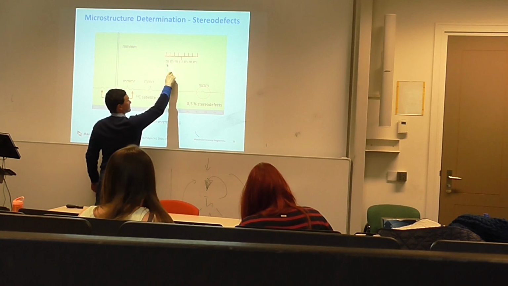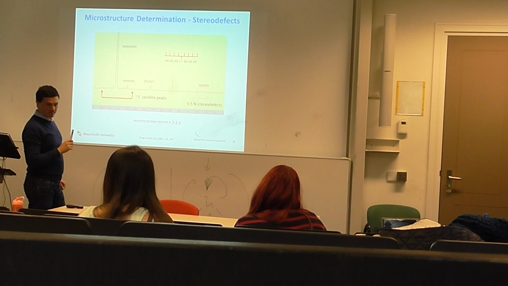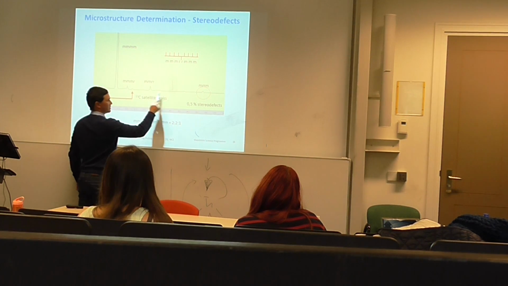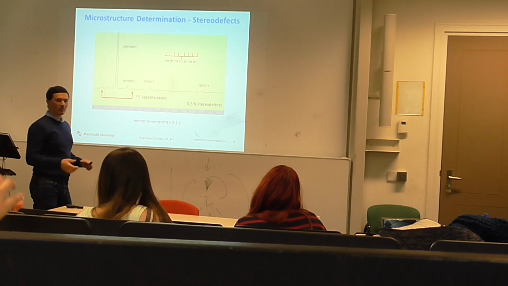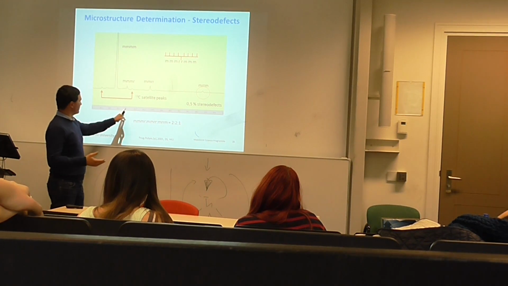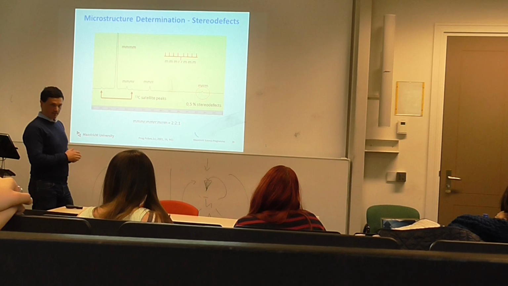And this is a site-controlled stereo defect, okay? So we can see these small peaks here, which can be attributed. There are some works in the literature where you can understand specific values of ppm, which is the string that corresponds.